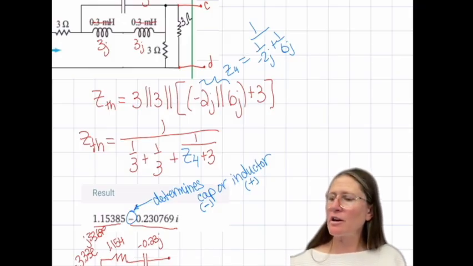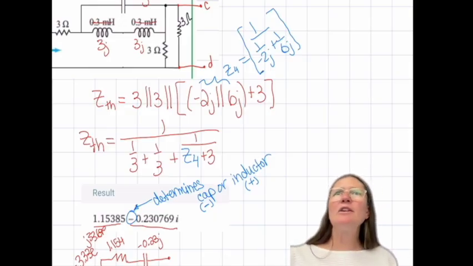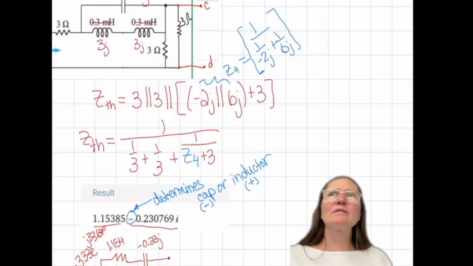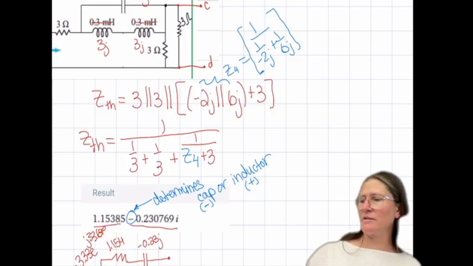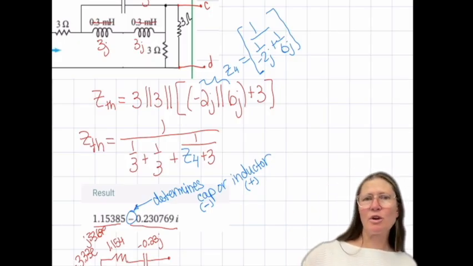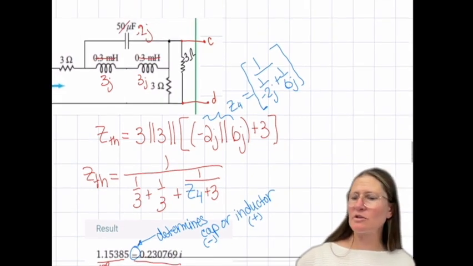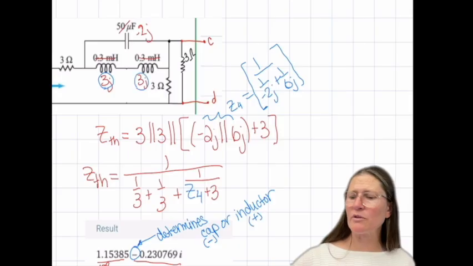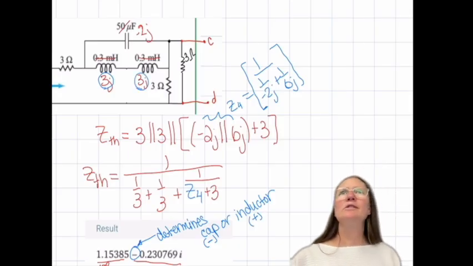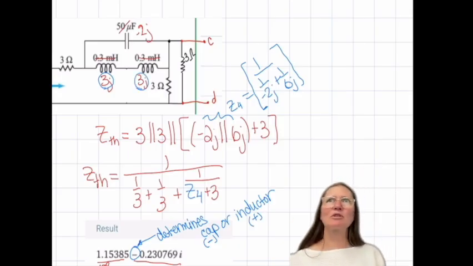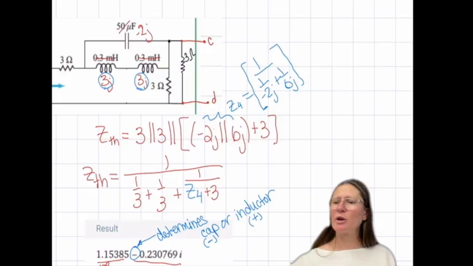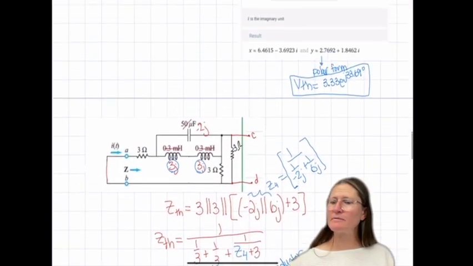I used a temporary variable there to calculate that one. That one has the capacitor, 1 over minus 2j, and then I just combined these two together for 6j as a summation. Does that make sense? Other questions, comments?